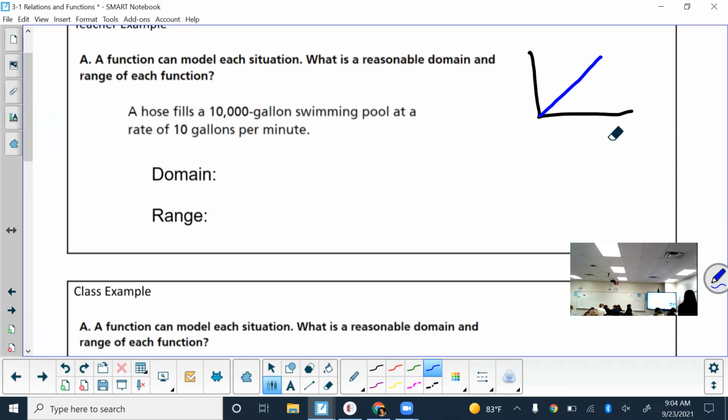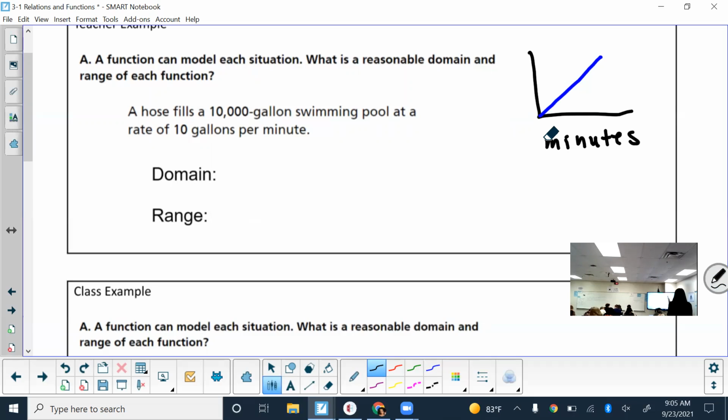Your x-axis is usually your independent variable. Maybe you know what that means, maybe not. But it's usually time. So this time it would be minutes, because the minutes aren't affected by how much water you put in there, right? The independent variable goes on your x-axis.